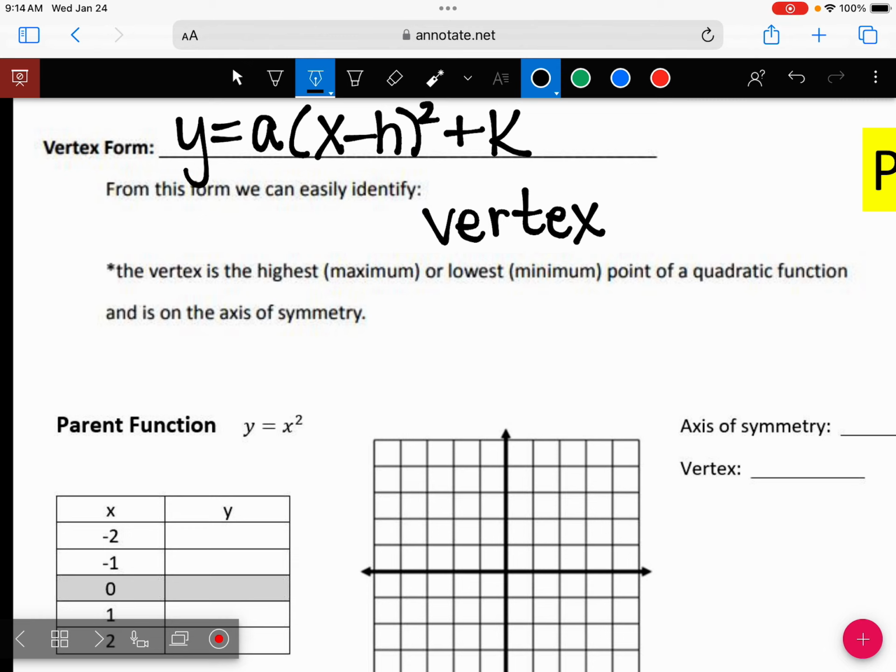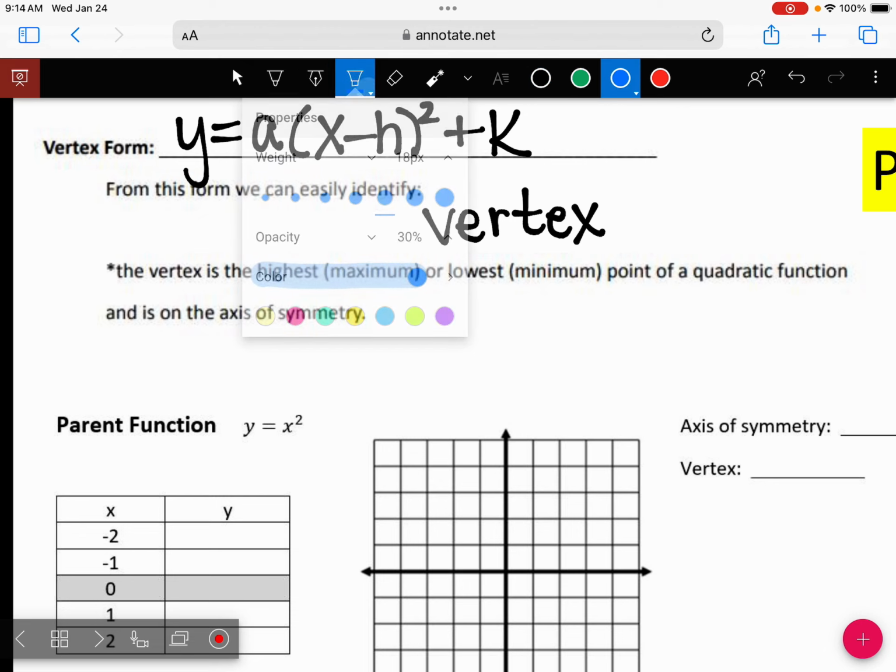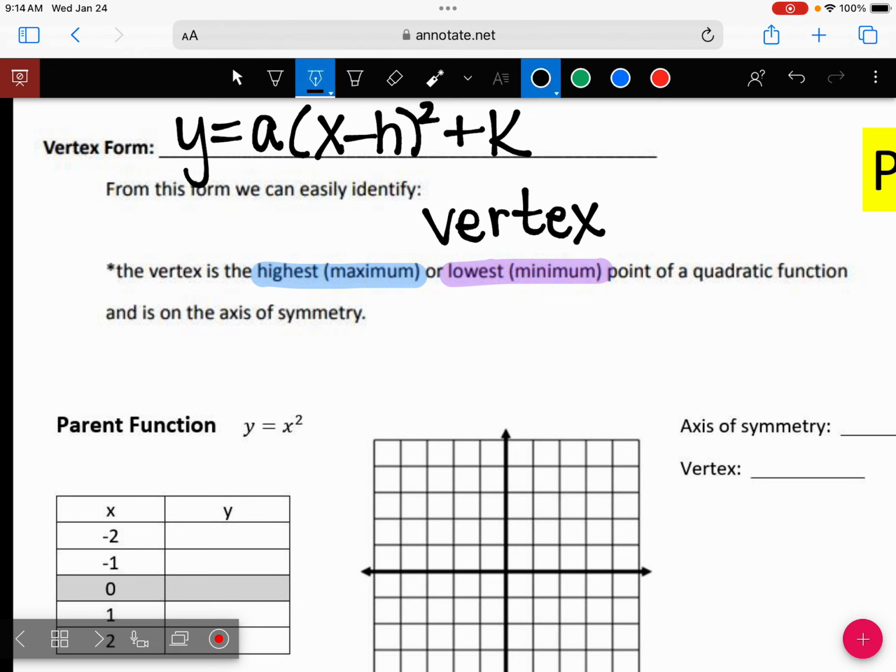Now the vertex is either your highest point or it could be your lowest point. If it's your highest point, so I'm going to draw a U. So if I were to draw a U, that's a frown essentially. So your parabola could be a frown or it could be a smile.